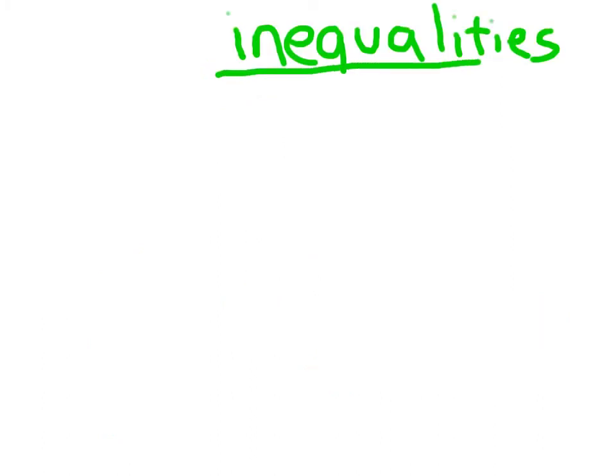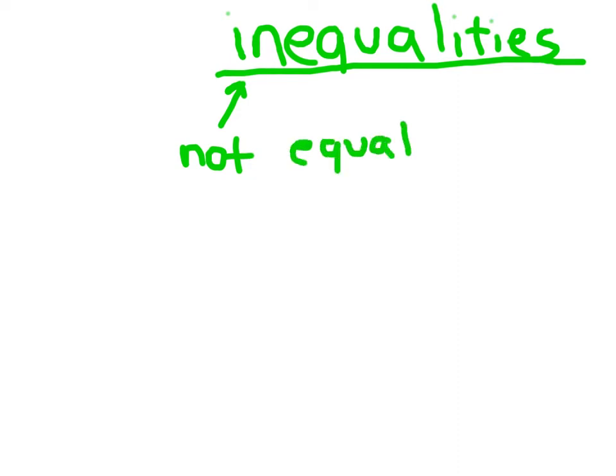The final thing that we need to learn about is inequalities. The prefix in means not. So it's not equal when they're not equal to each other. We'll be comparing expressions in this case, using the greater than or even the less than sign.